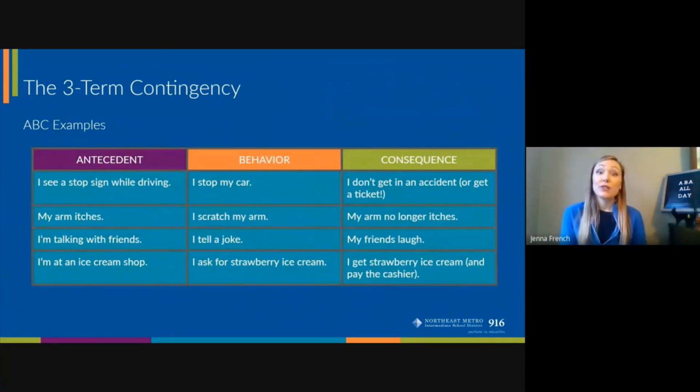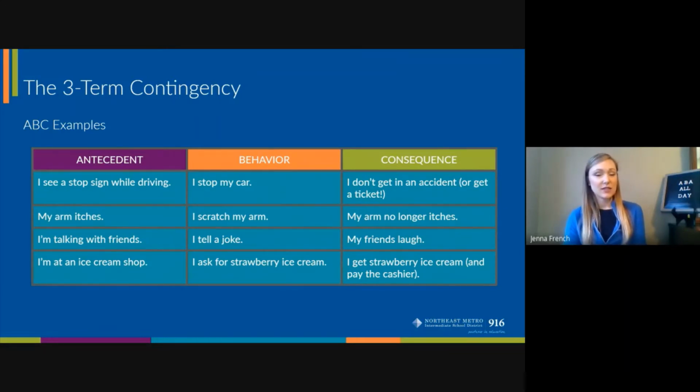And that brings us to the three-term contingency. So putting together antecedents, behaviors, and consequences in that sequence to show how the antecedents and the consequences might impact our behavior. In these examples, the first antecedent, I see a stop sign while driving. The behavior is I stop my car, and the consequence is I don't get in an accident, and I also don't get a ticket. The second example, the antecedent is my arm itches.